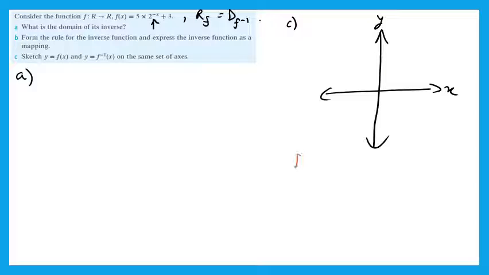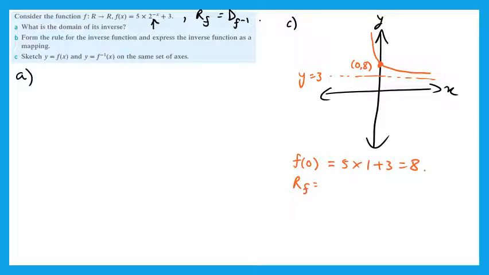The y-intercept of the original is 5 times 1 plus 3, which is 8. So we'll cross over like that. And this is shifted up by 3, so I should actually fix this a little. And there you go.